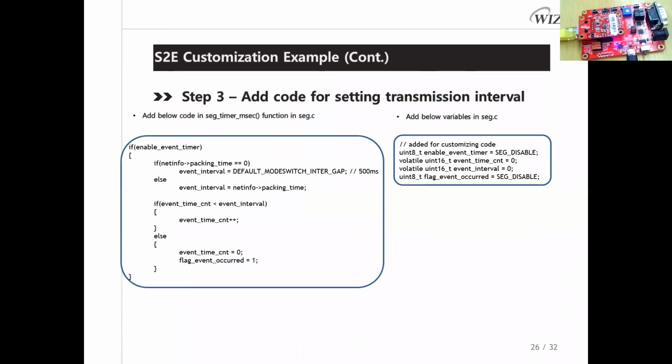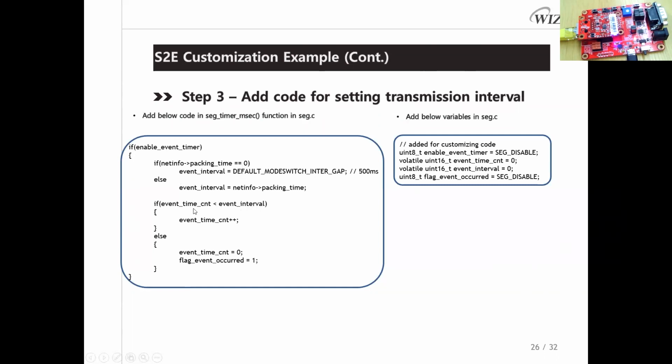Actually, let's edit code. I already edited the code, but I'll show you what I edited. You have to add the code below in the SEG timer millisecond function in SEG.c. Its meaning is: if the enable event time flag is set, check if the event time counter reaches the event interval, which is set in advance.